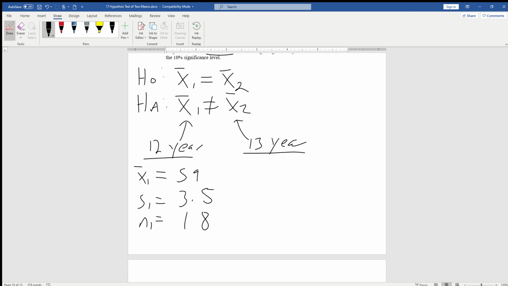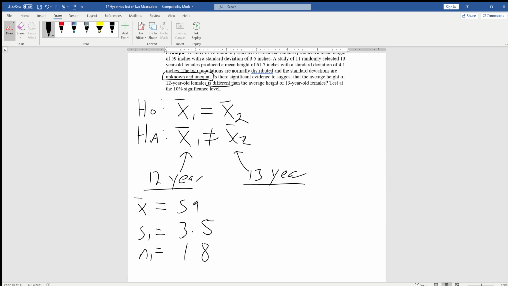In the 13-year-olds, x bar 2 is 61.7, s sub 2 is equal to 4.1, and the number of observations in group 2 is 11.